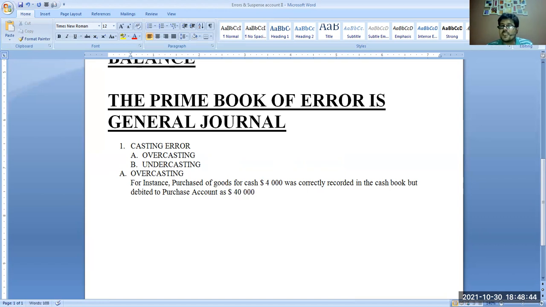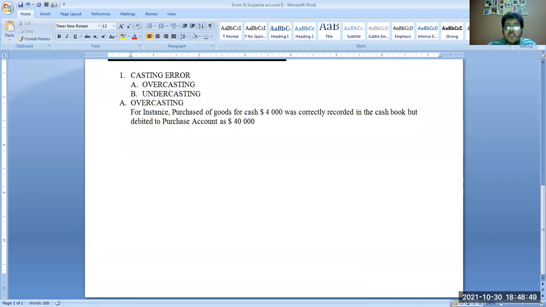Getting my point clear? It means we bought goods for cash 4,000, and in the cash column of the cash book we credited 4,000, but we debited the purchase account with 40,000.